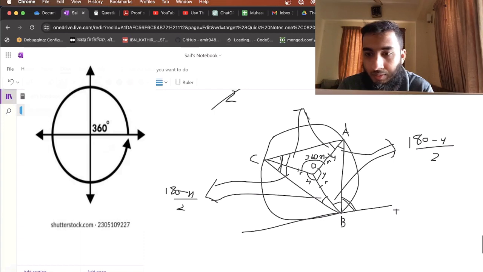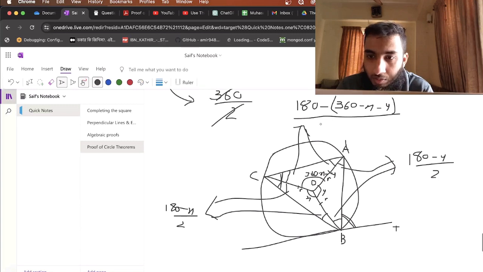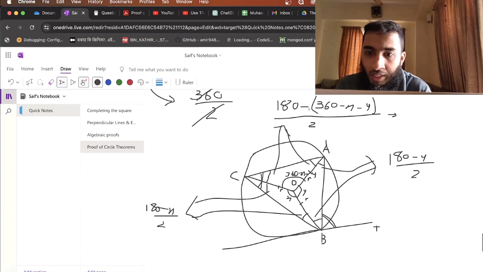These two angles are 180 minus this angle, which is 360 minus X minus Y, by 2. So this can be simplified as 180 minus 360 plus X plus Y, so X plus Y minus 180, by 2.